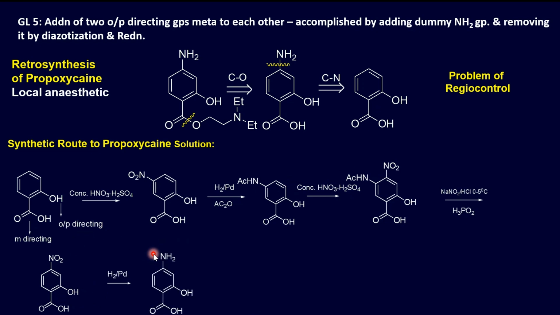I reduce this, I will get the corresponding nitro group reduced to amino, and I treat with diethylaminoethanol. I'll get the target molecule, that is proparacaine.